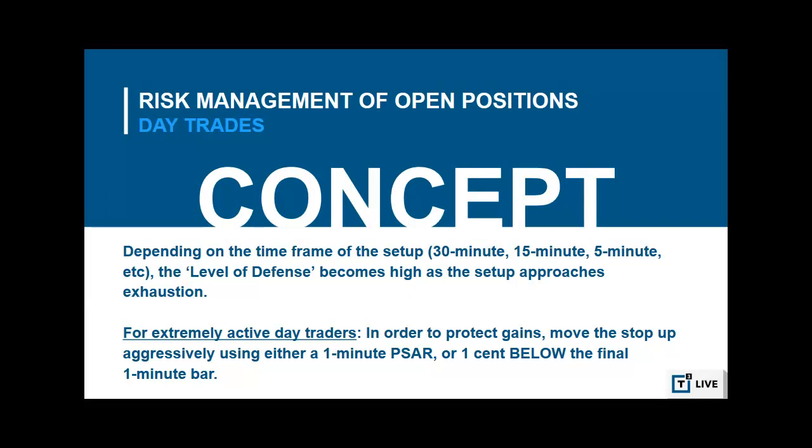Depending on the time frame of the setup, the 30-minute, the 15-minute, the 5-minute, the level of defense becomes high as the setup approaches exhaustion. So if we have a 30-minute setup and we're 28 minutes into that, the level of defense increases because that signal is about to exhaust. So anytime something's about to exhaust, we need to heighten our level of defense.